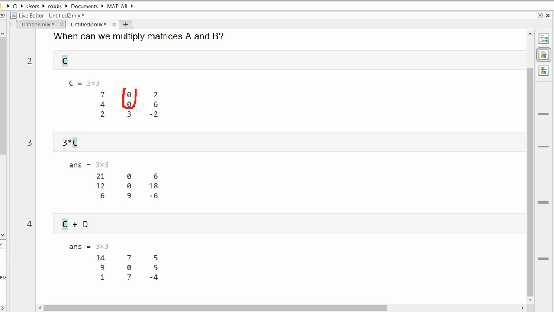Now the zeros multiplied by 3 are still 0, but when I multiply 3 by 3, I get 9. 7 and 4 times 3 are 21 and 12 respectively. So this section was just about how to do actual matrix multiplication, but they also mentioned scalar multiplication and matrix addition in this section as well.